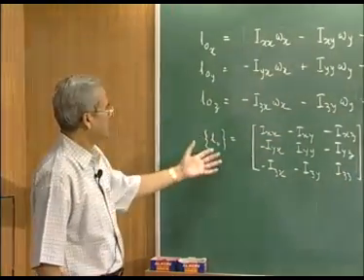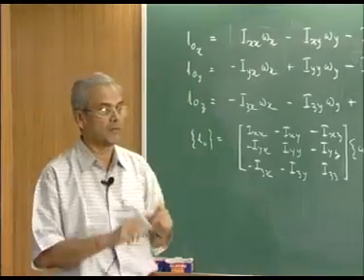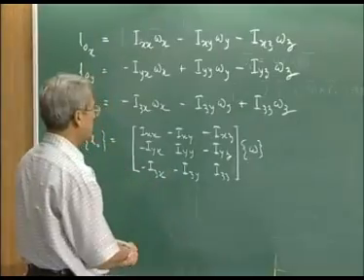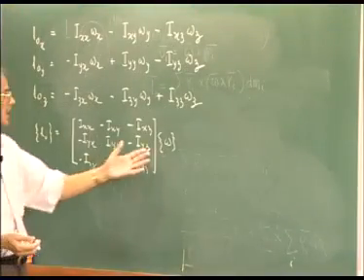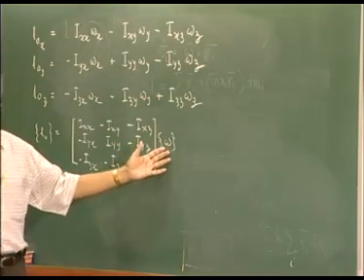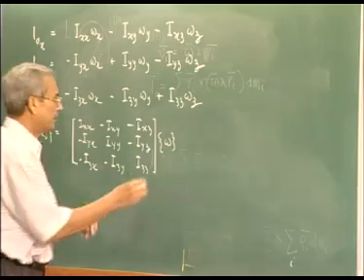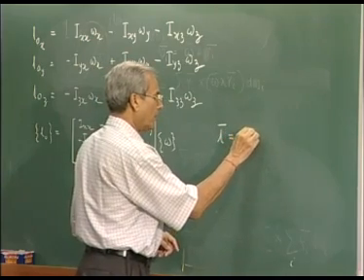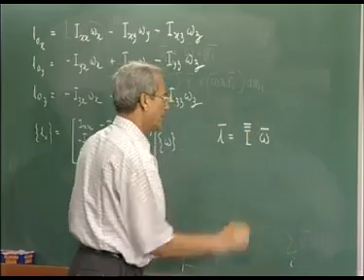So, if you write in matrix form, we find that this column matrix, which is representing the angular momentum vector, is a product of this square matrix, which represents the inertia of the system multiplied by the column matrix representing the angular velocity vector. So, we come across a new quantity, that angular momentum vector is a product of a quantity I with angular velocity vector omega.